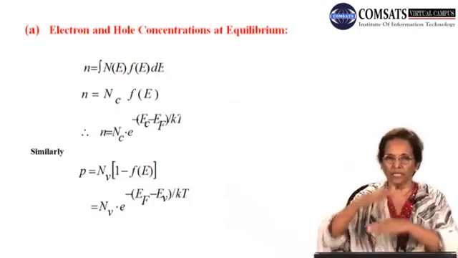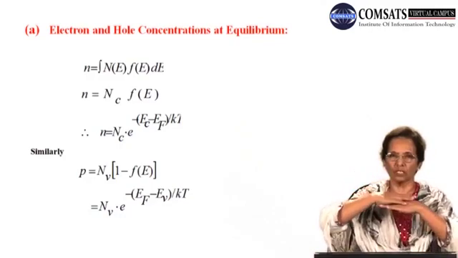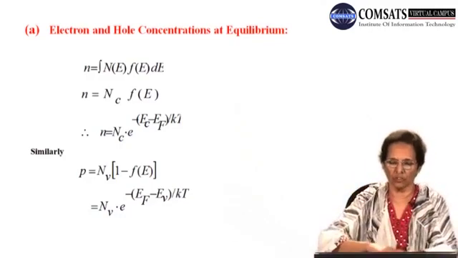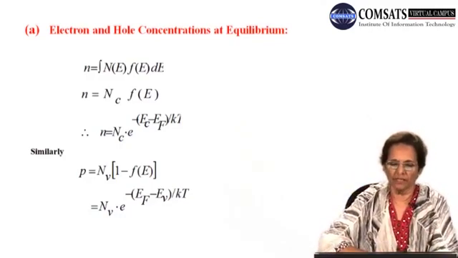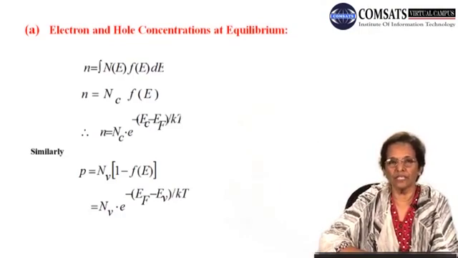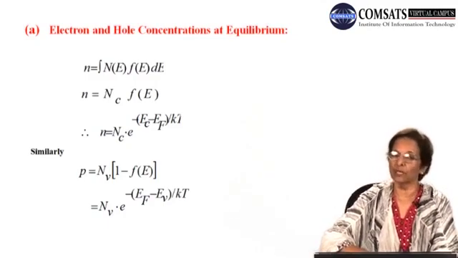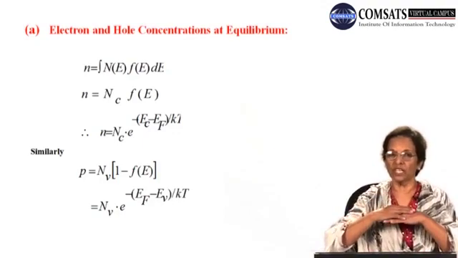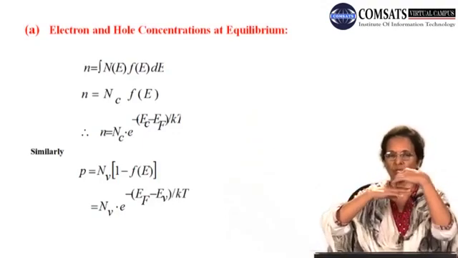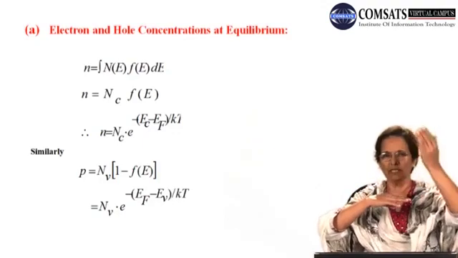N(E) is the density of states, that is, the number of states within the conduction band, and the function F(E), the Fermi-Dirac distribution function, is the one which gives you the probability of finding electrons in some given energy states.